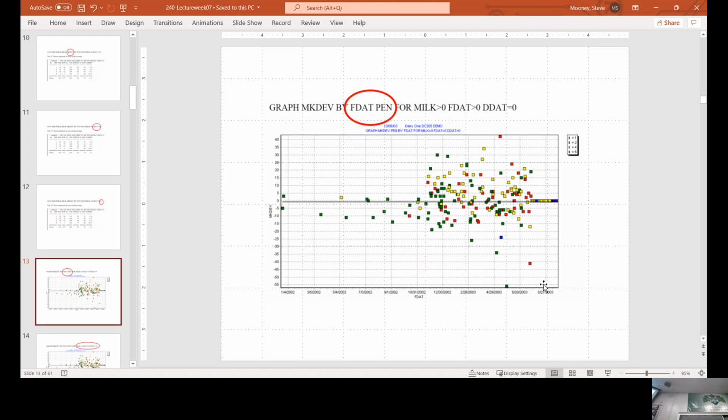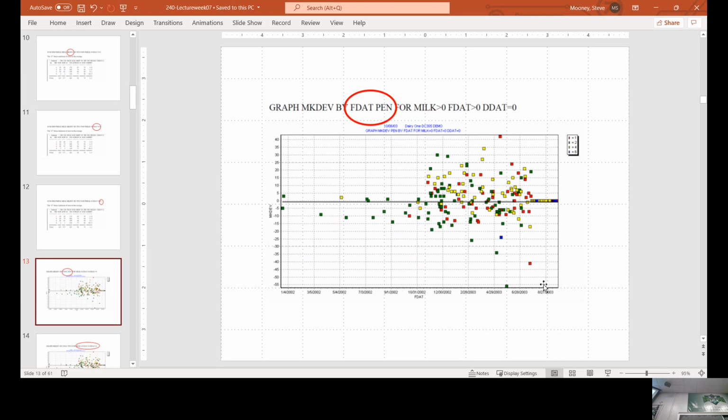So we've got a graph of that deviation of milk, previous and current milk minus the expectation, where they're supposed to be, by fresh date and pen. So we've got fresh date going across the bottom here. When did they calve in?